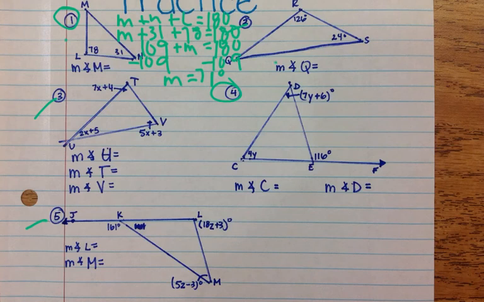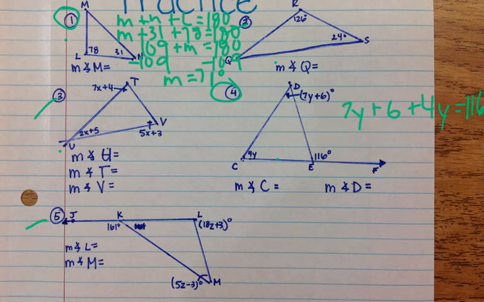Now you're going to do number 2, you're going to do number 3, number 4, that's the next one for me. So I'm going to use my exterior angle theorem, and I'm going to say 7y plus 6 plus 4y equals 116.